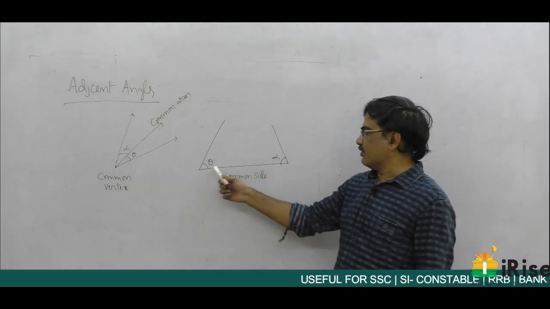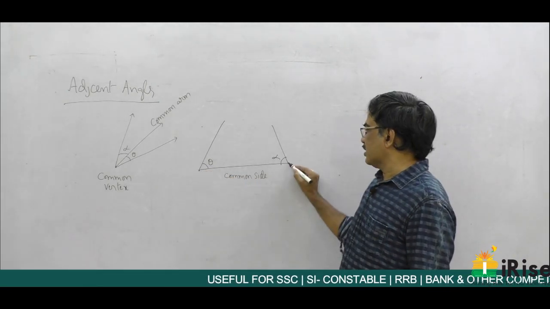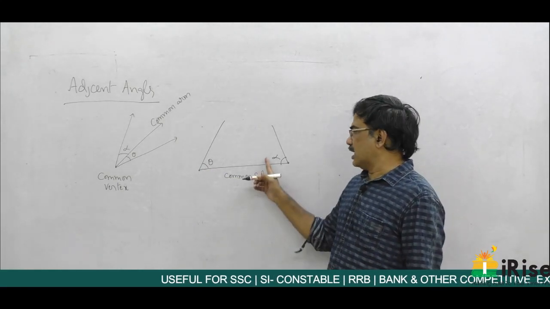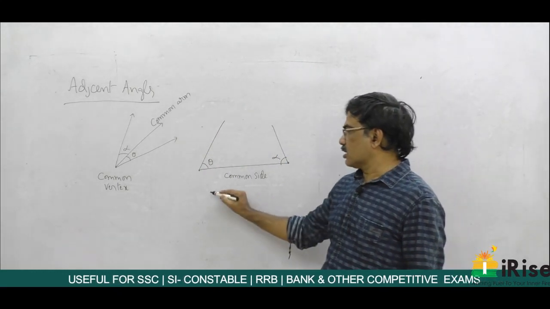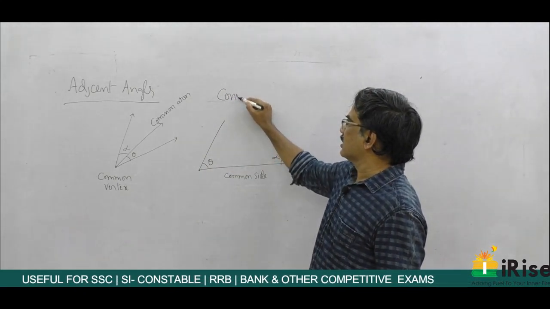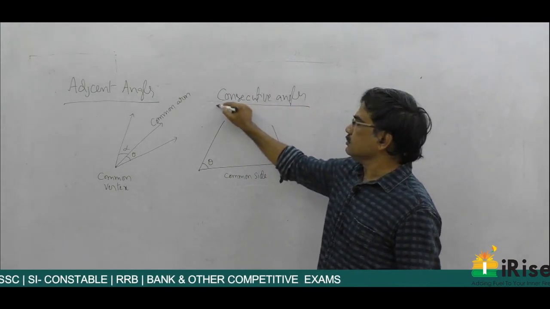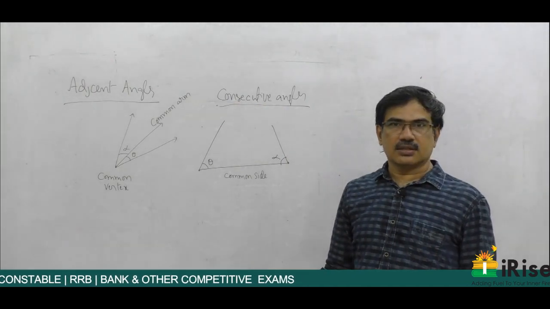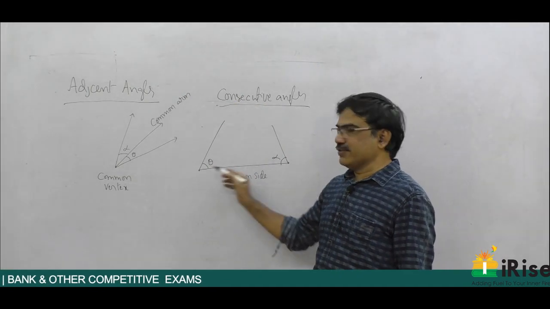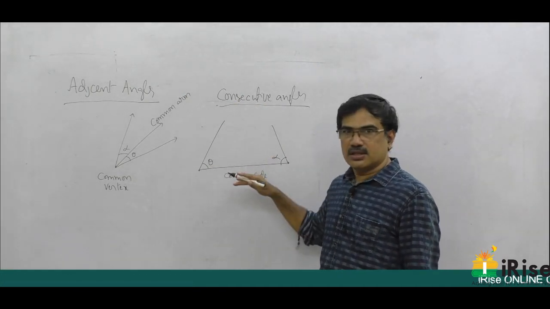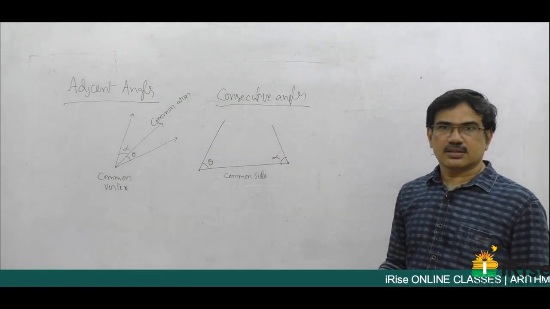If two angles have a common side but different vertices, and these two angles are on the same side of the common side, they are called consecutive angles.